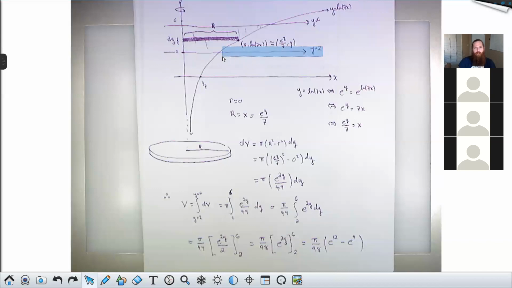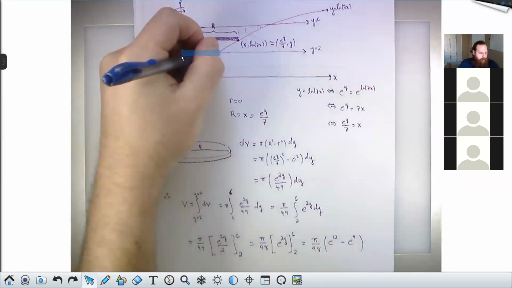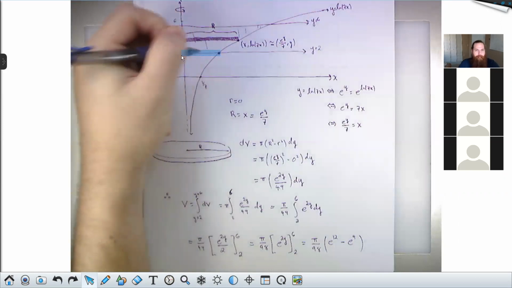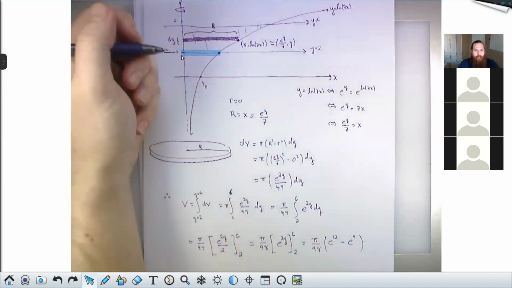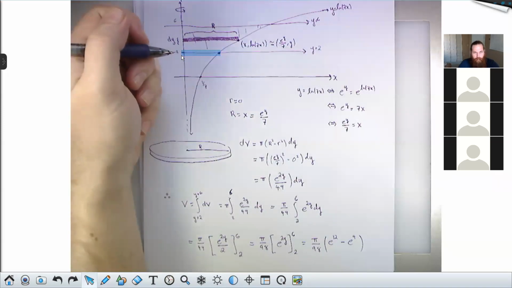I'm sorry, what was the question? I'm talking about the small space from the y-axis to the graph. Yeah, that point. So you're interested in finding the coordinates of this point? No, I said, why can't we say r is equal to that distance?